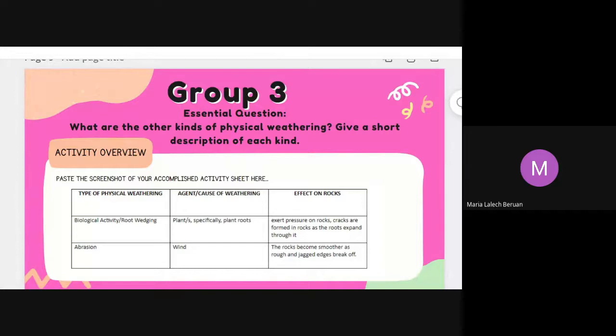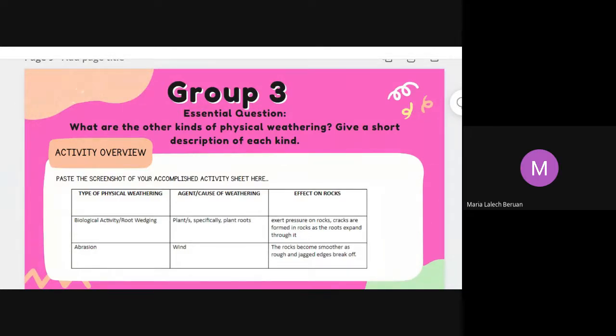Good morning, everyone. So we are group three. Our assigned activity is the types of physical weathering. For biological activity or root wedging, the agent or cause of weathering is plants, specifically plants and roots, and the effect on rocks is that they exert pressure on rocks. Cracks are formed in rocks as the roots expand through them.